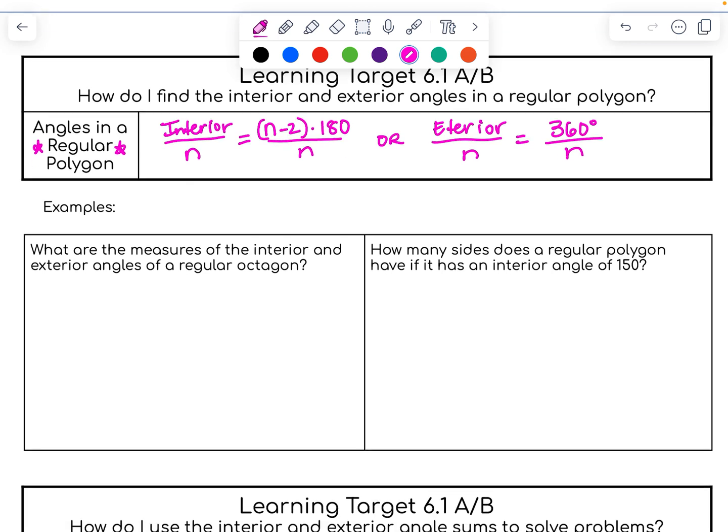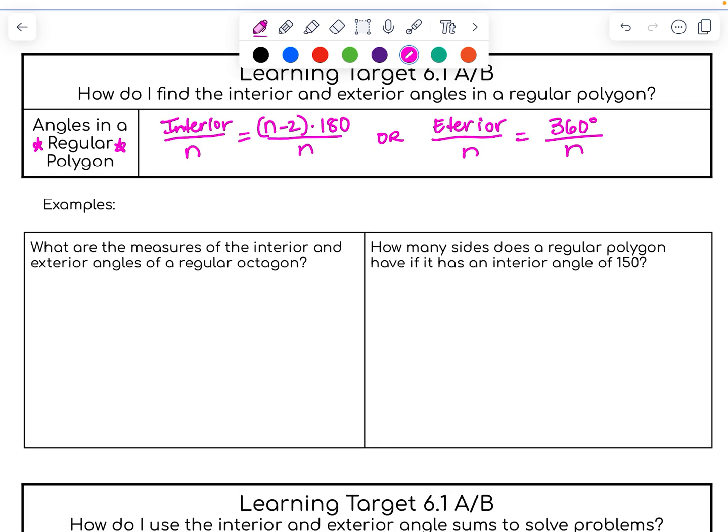So let's look at our examples real quick. What are the measures of the interior and exterior angles of a regular octagon, which means n equals 8? To do our interior, we take our number of sides, n minus 2 times 180, so 8 minus 2 times 180.